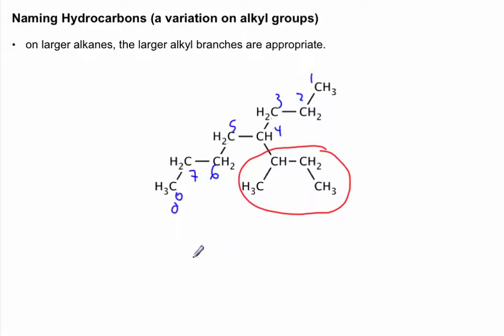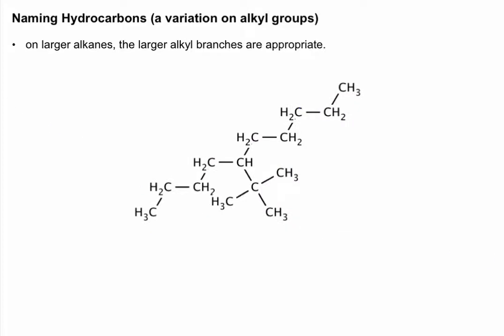So what I have is 4-sec-butyl, 8 carbons, octane. So that's a true use of that sec-butyl branch. There is no other way to name it. It doesn't become part of a longer chain.